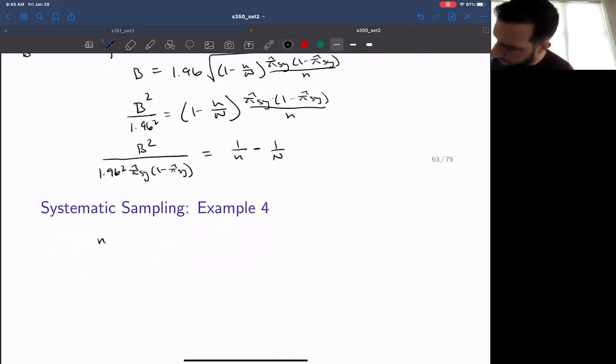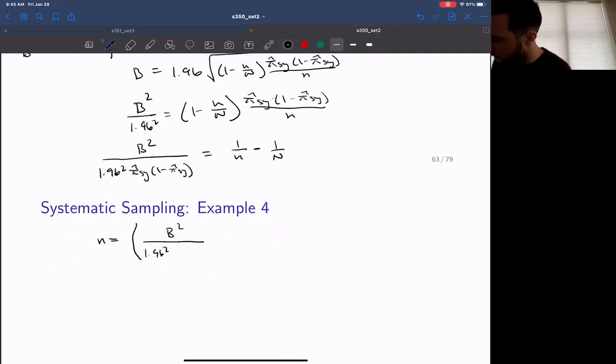So that gives us little n is equal to [b squared over 1.96 squared times pi hat sy (1 minus pi hat sy)] plus 1 over capital N, all inverse.